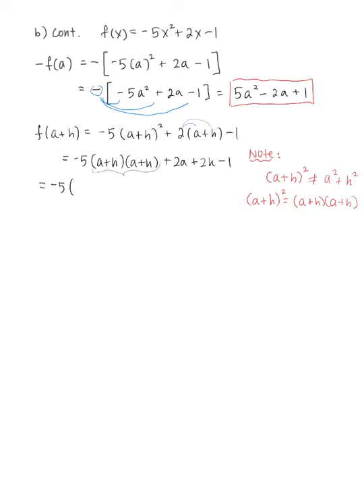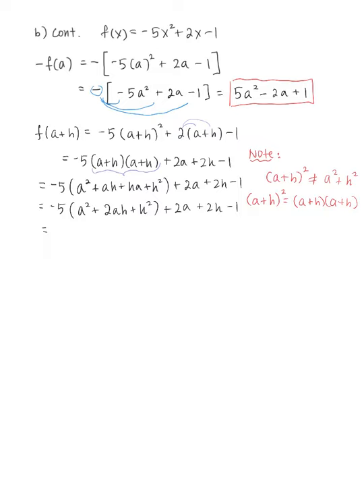Then I'm going to have a squared plus ah plus ha plus h squared, and then plus 2a plus 2h and then minus 1. So this is negative 5 times a squared plus ah and then ha. They're the same thing, so you're going to have 2 copies of ah and then plus the h squared, and then plus 2a plus 2h and then minus 1.